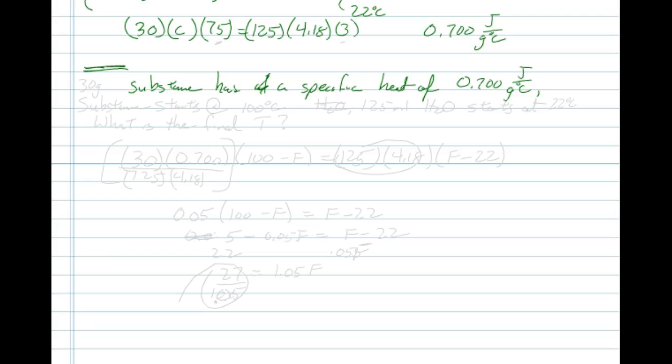The substance starts at 100 degrees Celsius. The water, 125 milliliters, starts at 22 degrees Celsius. You have 30 grams of the substance. And the question is, what is the final temperature?